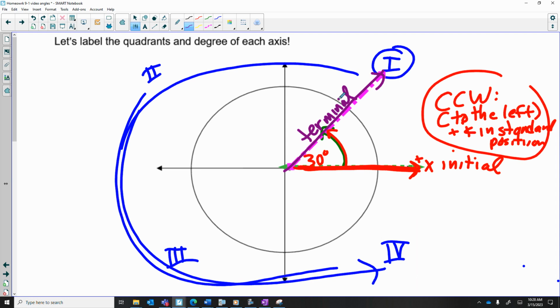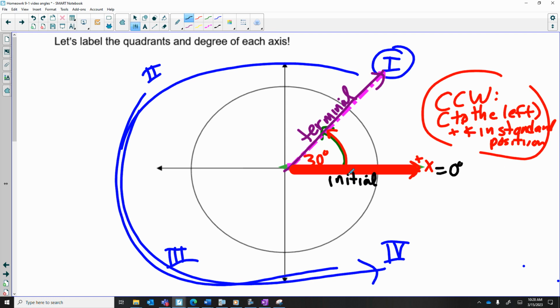Okay. Now, we can label all the axes depending on where we start and where we end. So if you start on the positive side of the x-axis here, and if I haven't rotated at all, that is considered 0 degrees. So I'm going to label this angle 0 degrees. Again, this is the initial side.